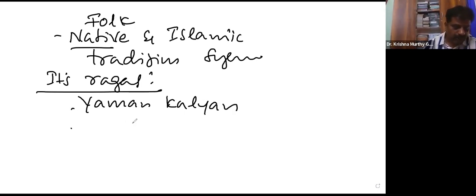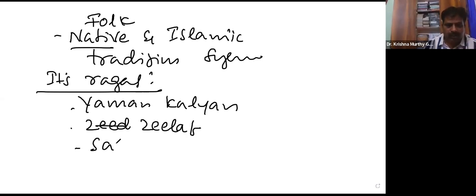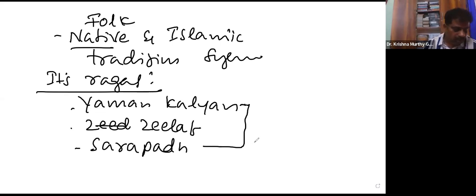Second, Jilaf. And another one, Sarapada. Later, these Yaman, Kalyan, Jilaf, and Sarapada were independently recognized with the title of Kawali.